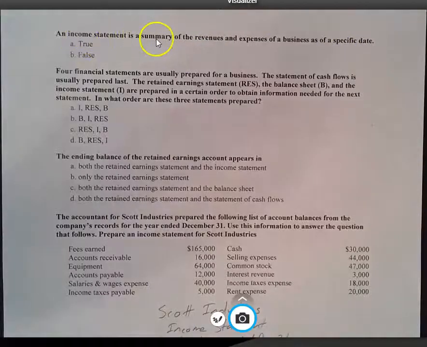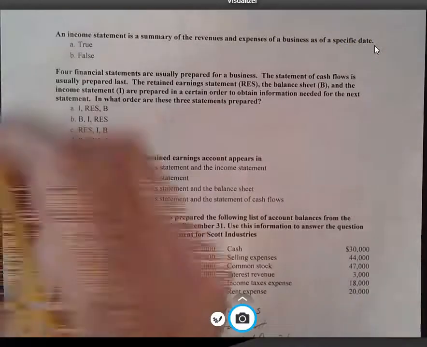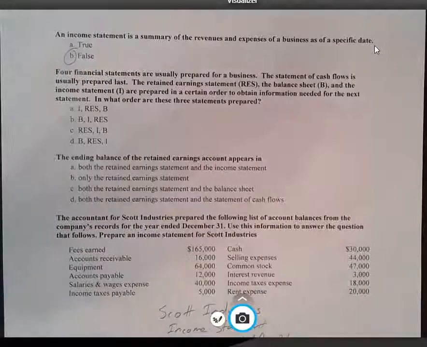Because we use this terminology at the end, we actually have a false statement here. Let's move on to the second one.